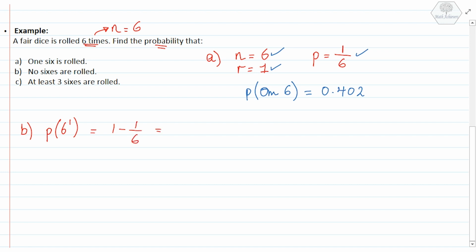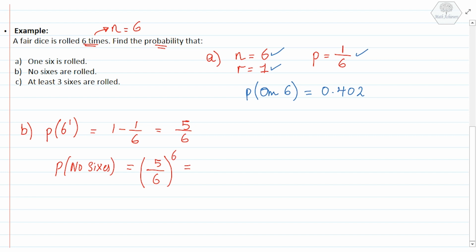So, the probability of not having 6 is equal to 5/6. And I want not 6 times. So, the probability of no 6s is simply equal to 5/6, and I want it 6 times, so I make it to the power of 6.